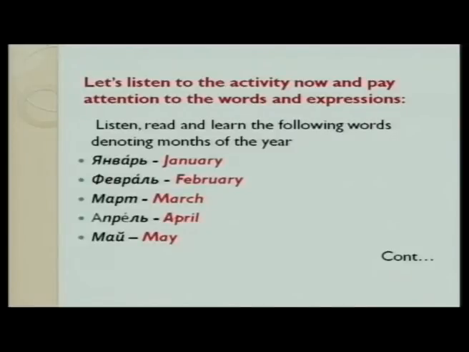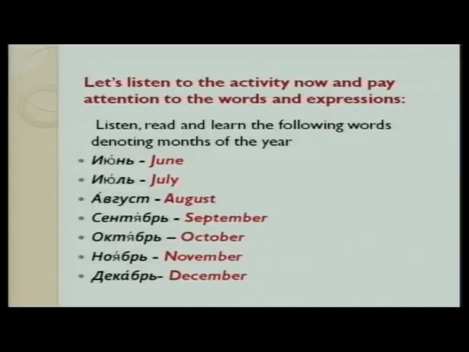Let us learn their meaning. Январь is January. Февраль means February. Март means March. Апрель means April. Май means May. Июнь means June. Июль means July.